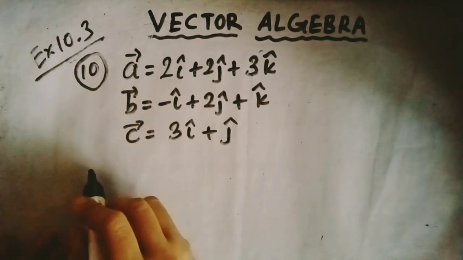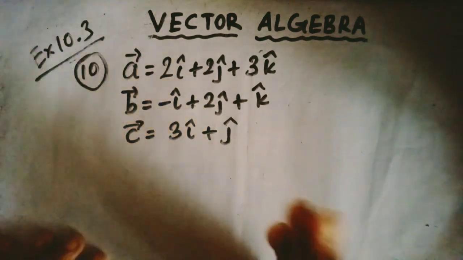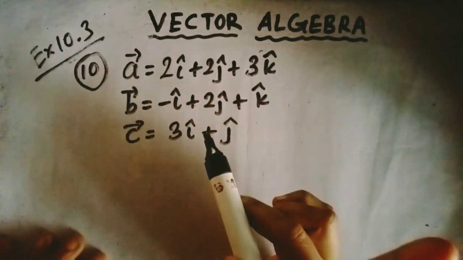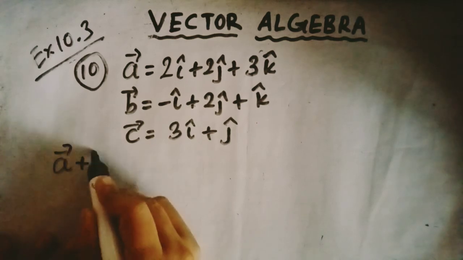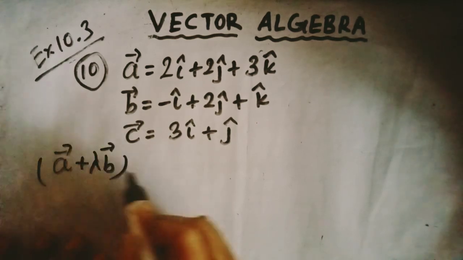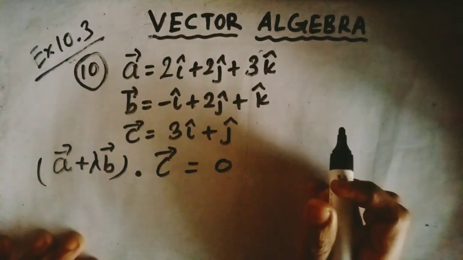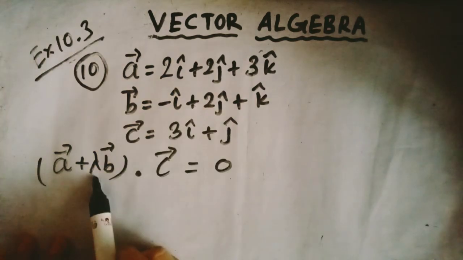Okay, so now you have to show that a plus lambda b is perpendicular to c. Perpendicular means their dot product should be equal to 0. Okay, so a plus lambda b dot product with c is 0. This you have to take, right, to find lambda.